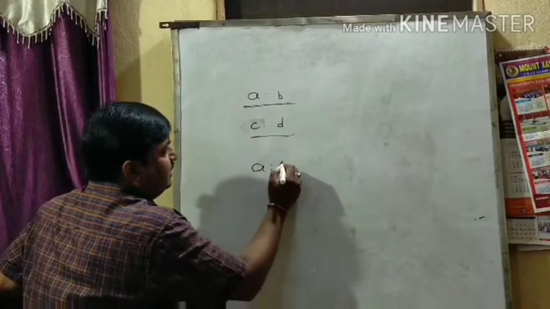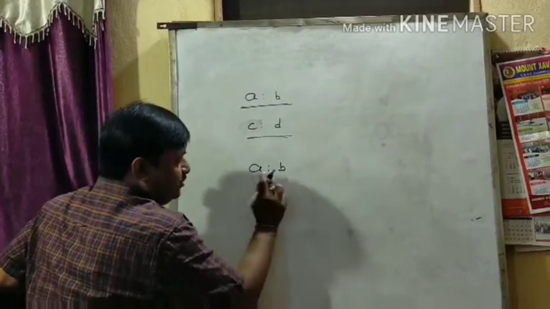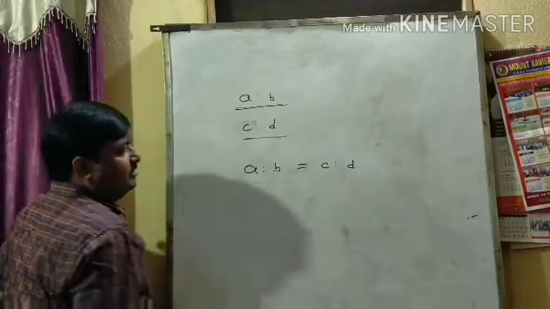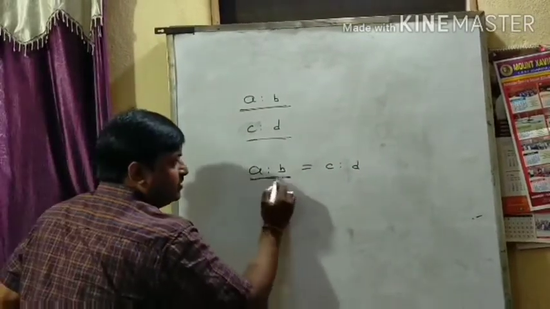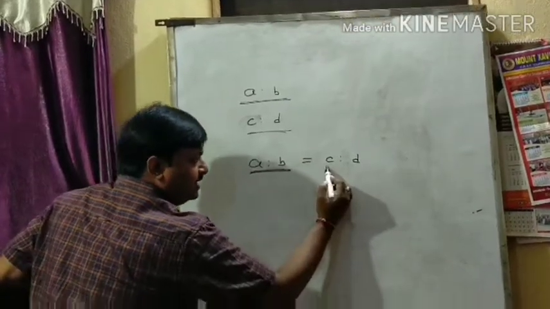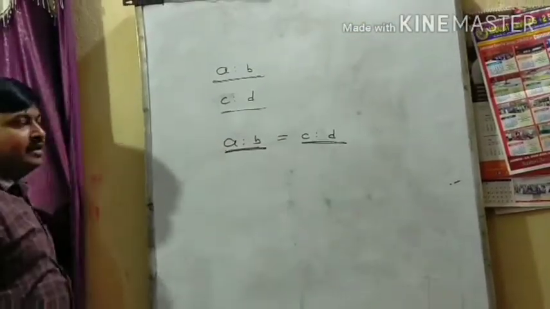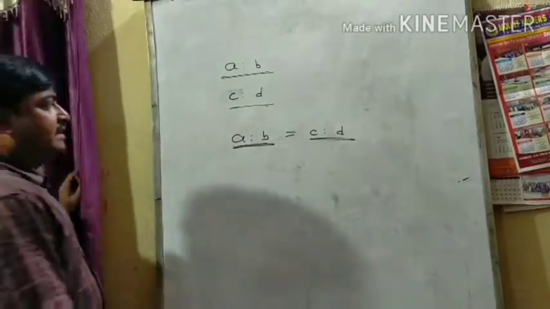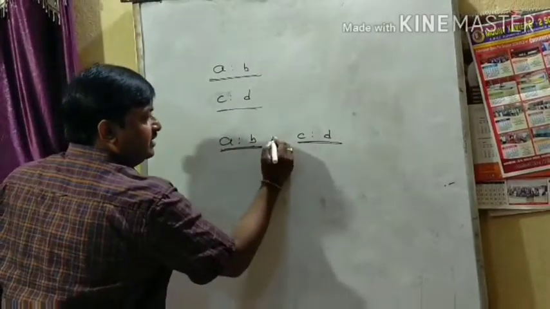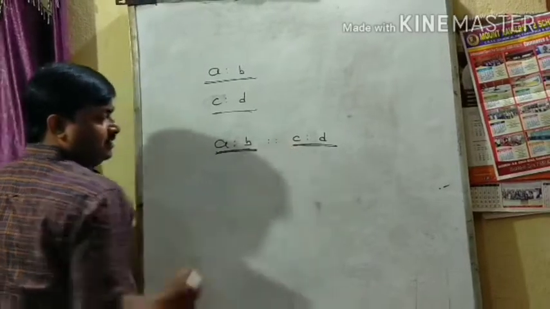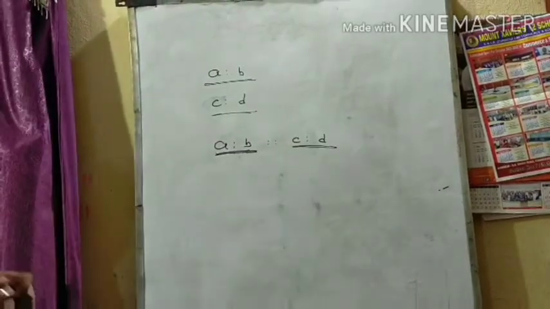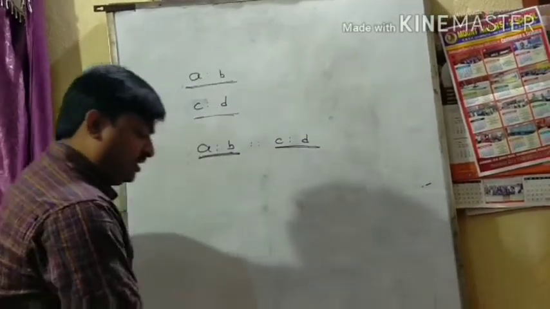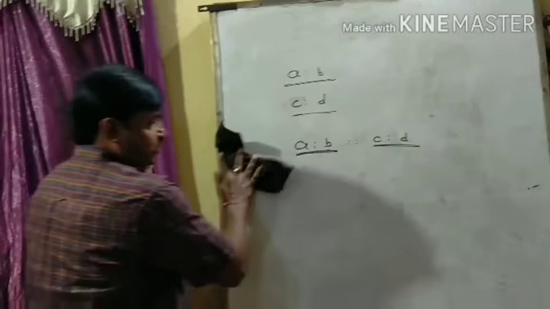When these two ratios, A is to B and C is to D, are equal, therefore these two ratios are said to be in proportion, and the symbol of proportion is like that. So students, proportion is the relation between two ratios.